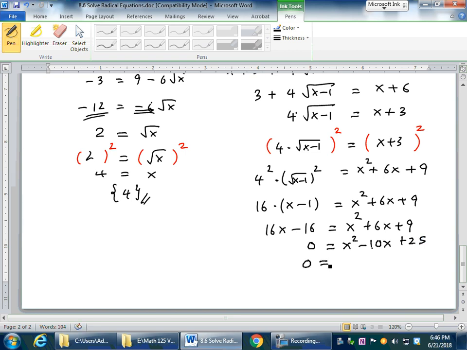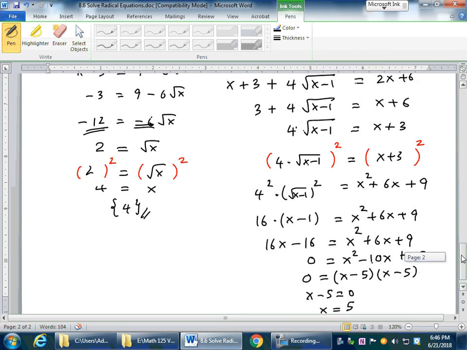When I factor this, it is a perfect square trinomial, so therefore x minus 5 and x minus 5, which gives us our possible solution, x equals 5.